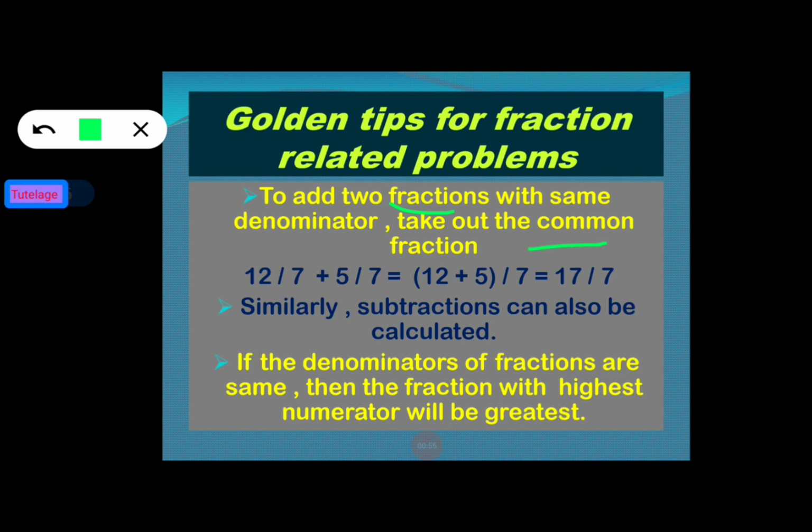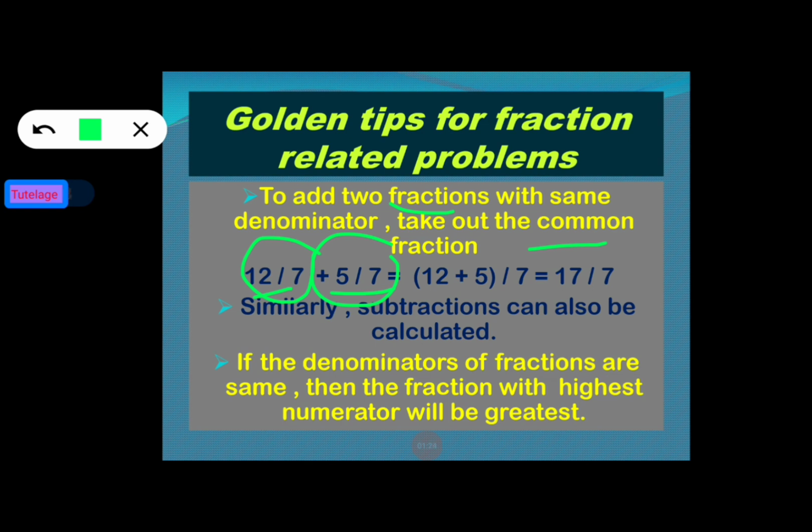For example, 12 by 7 and 5 by 7. Here there are two fractions, 12 by 7 and 5 by 7, and both have the same denominator, that is 7. So take out only the common denominator.